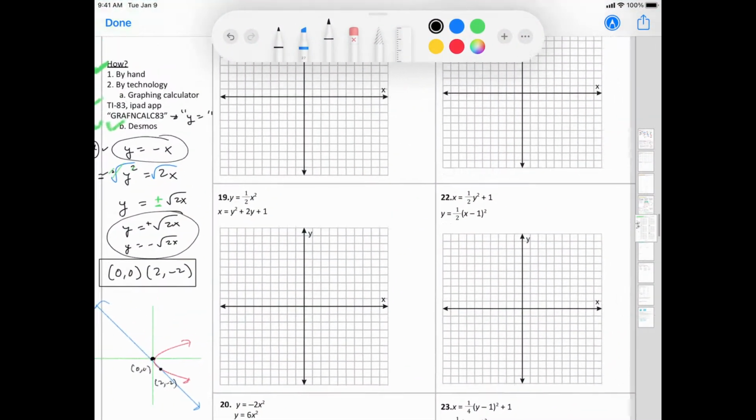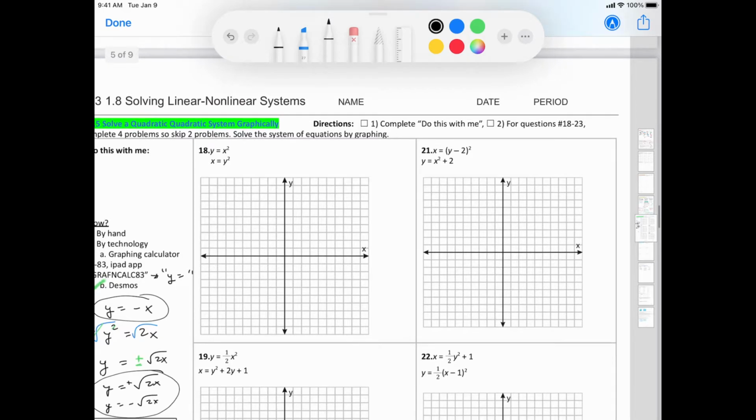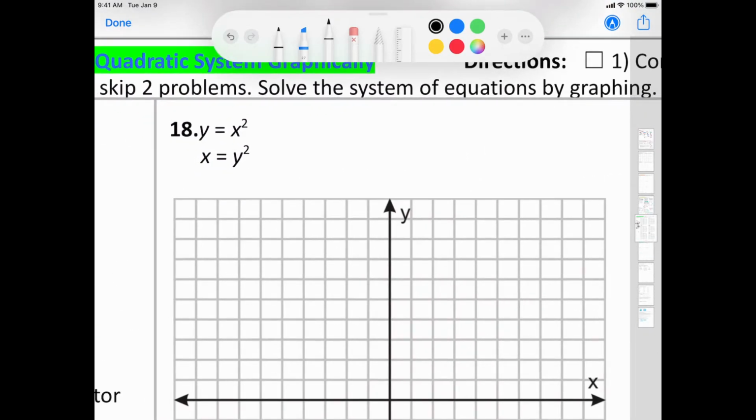All right. Let's go ahead and go to question number 18. Let's go ahead and graph y equals x squared and x equals y squared. And what you can try to do is to make a prediction. Y equals x squared I know is going to be a parabola. I wanted that to be blue.